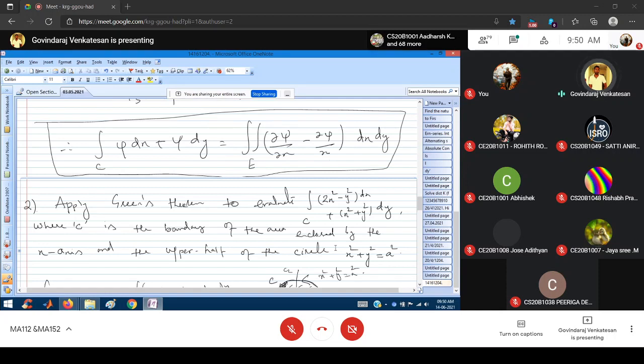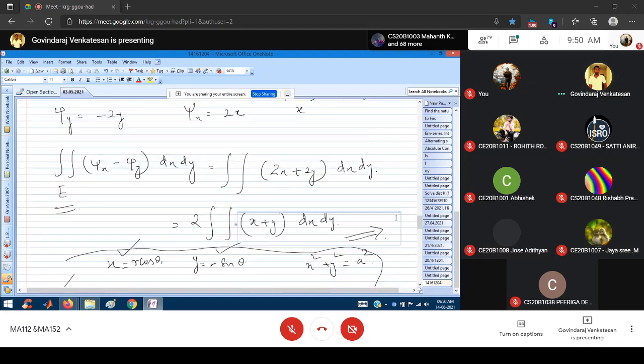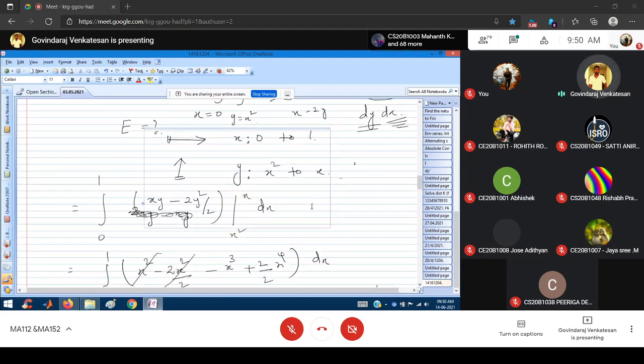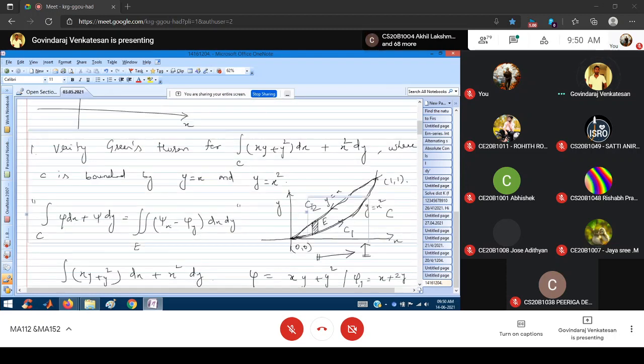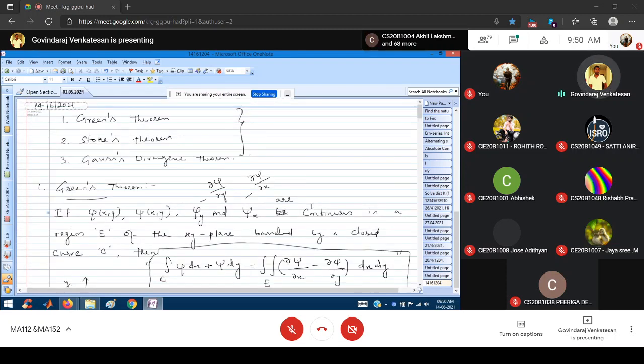So only another 10 minutes is there, so I cannot cover the Stokes theorem. So we'll see in the next class. Okay. So any doubts in Green's theorem? Green's theorem is connecting the line integral and surface integral. So only 2 types of problems will be there.